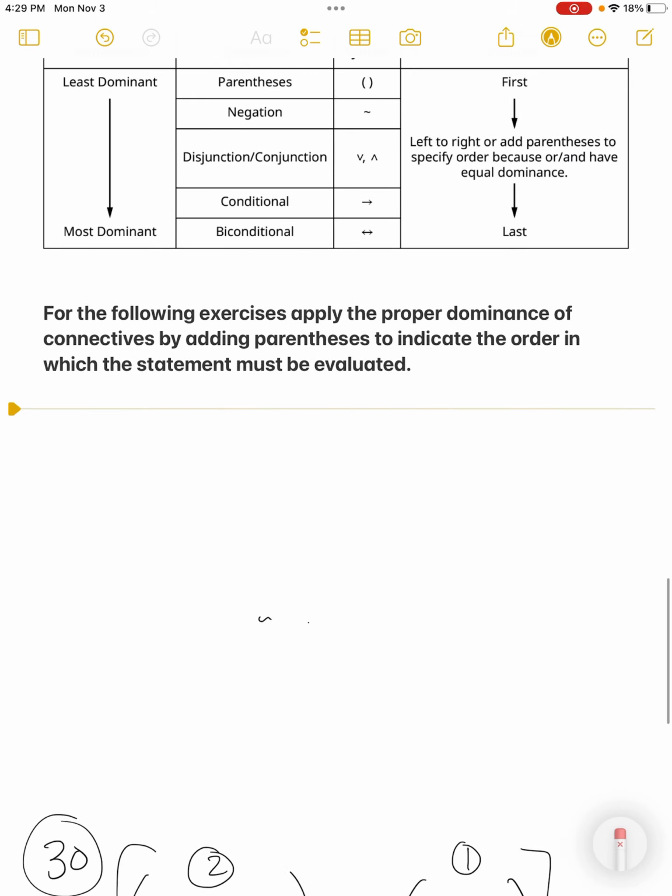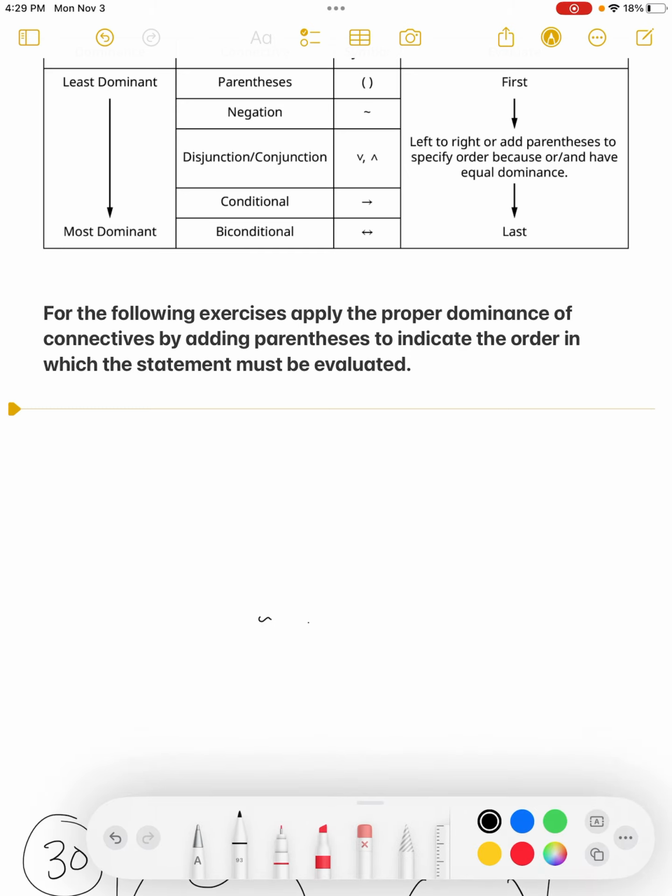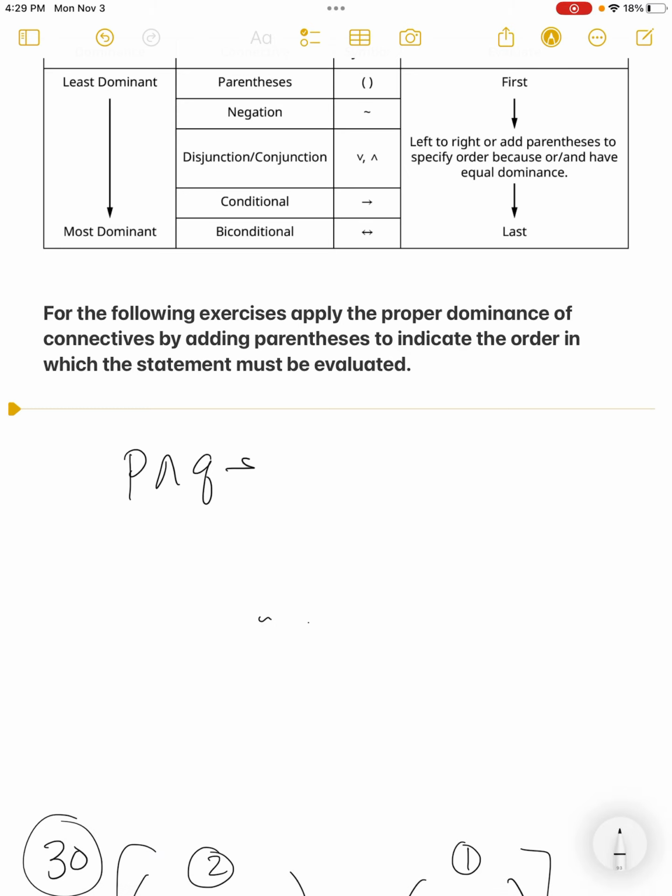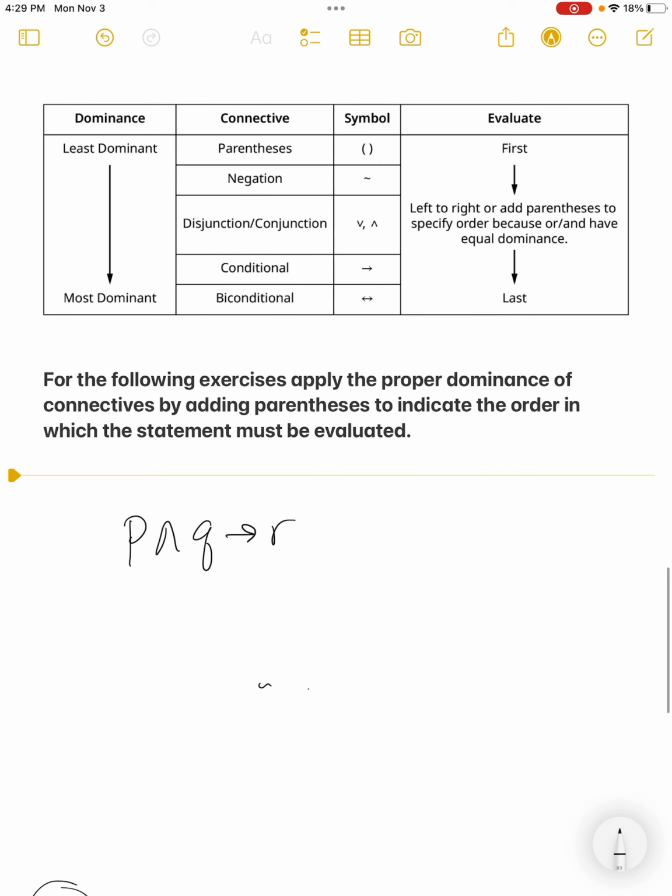I'm going to get rid of all these things and then rewrite what I had. P and Q implies R. If that's what you have, then that is definitely not the same as this. Okay, those are not the same as one another.